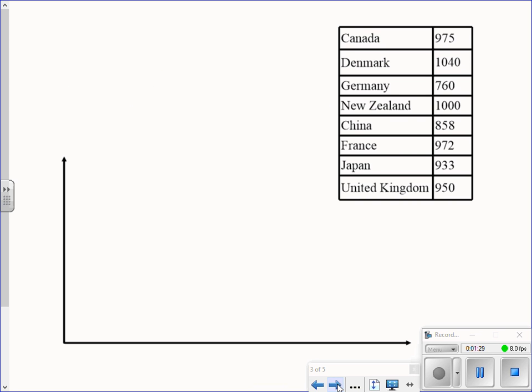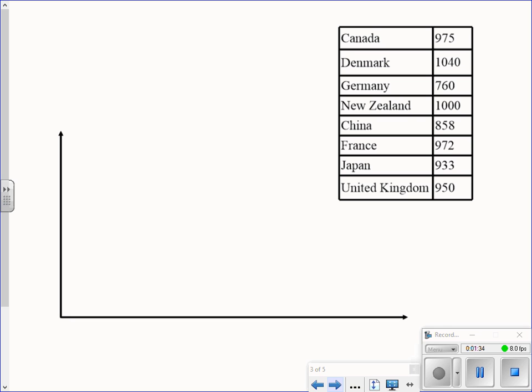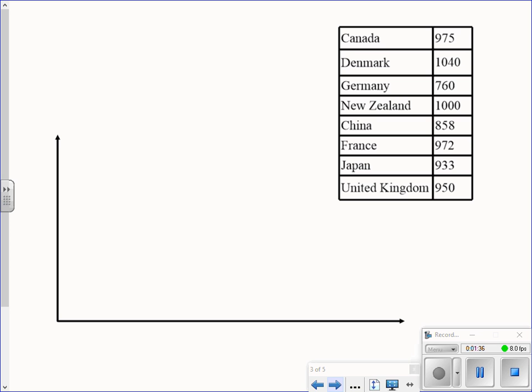So here is an axis, and I'm going to move it up a little tiny bit, and then we've got the data which I shrunk and put over on the right hand side here. To make a bar graph, you're going to need to have on one axis, which is the y-axis, because you remember that from when we were graphing, the vertical axis, you'll need to have some numbers, so a scale. Our scale can go from 0 to just over 1,000.